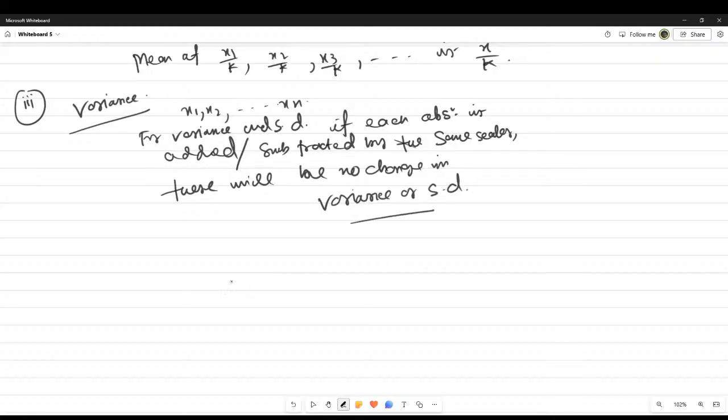Please keep this in your mind. The mean is changed, but variance and standard deviation do not change, because in the formula xi minus x bar whole square by n, xi increased by k, and x bar also increased by k, so they cancel. The square root of this is the standard deviation, so there is no change in standard deviation also if added or subtracted.